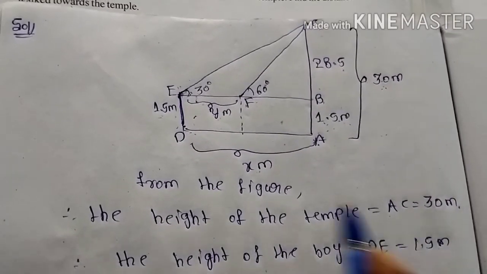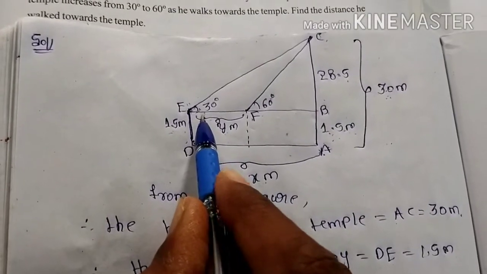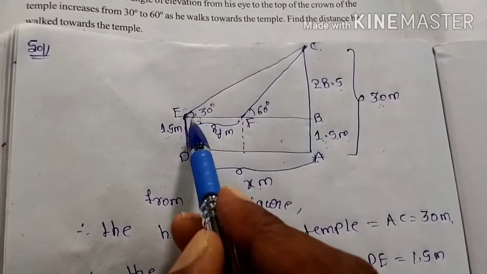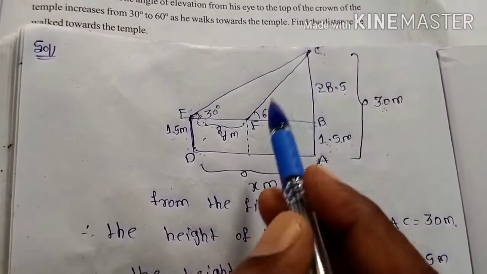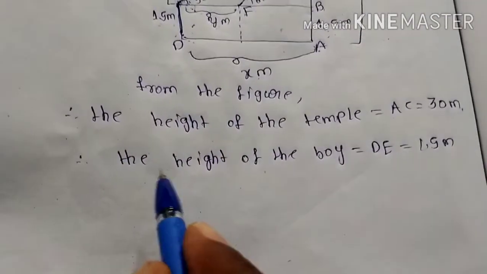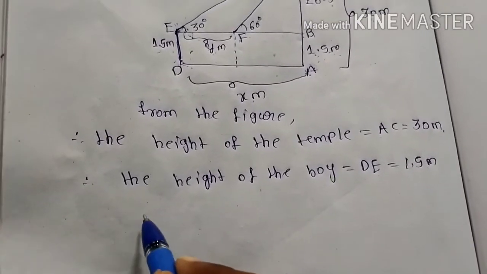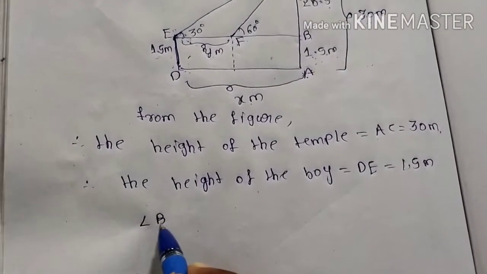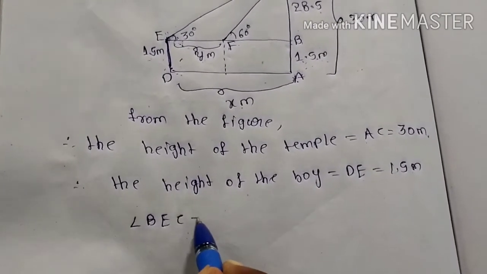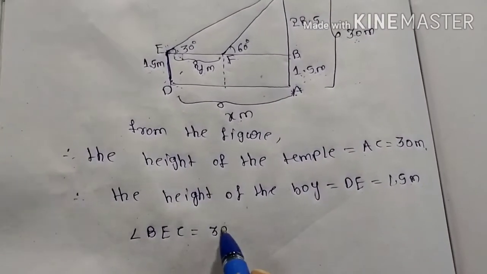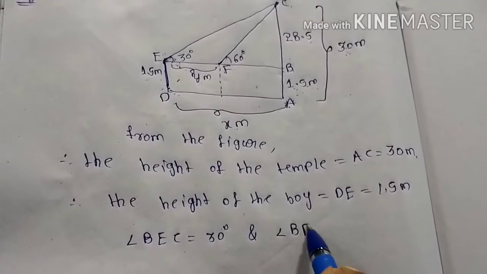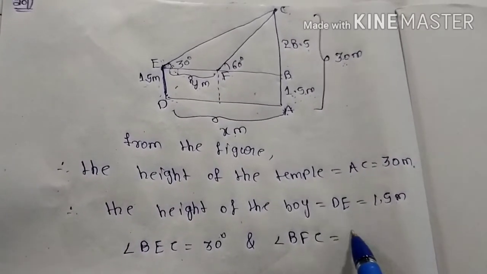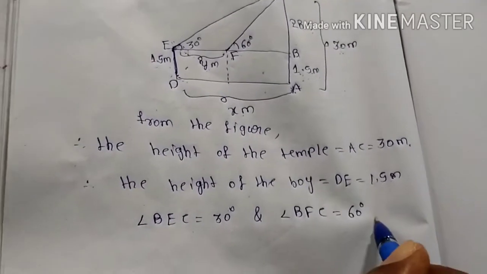For the angles of elevation, angle BEC is equal to 30 degrees and angle BFC is equal to 60 degrees.